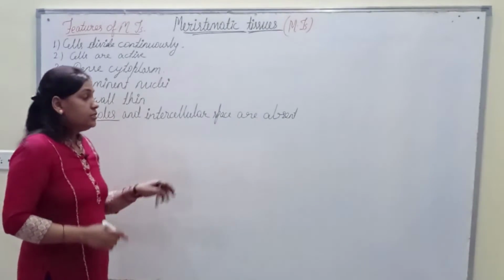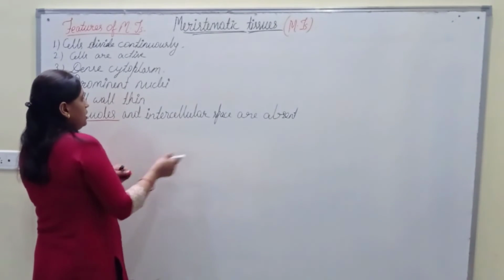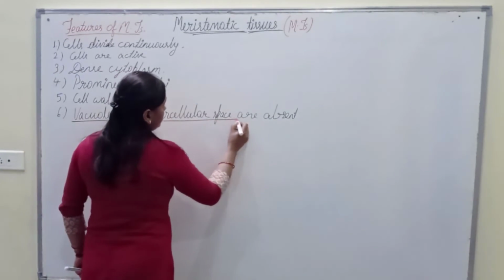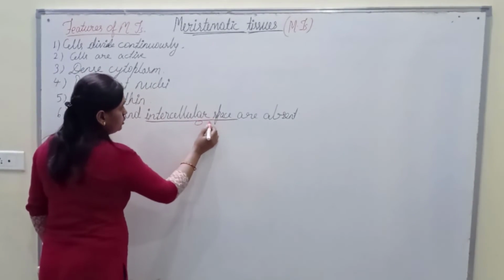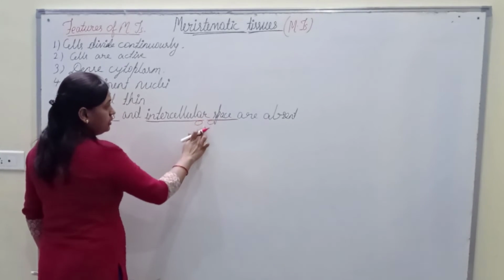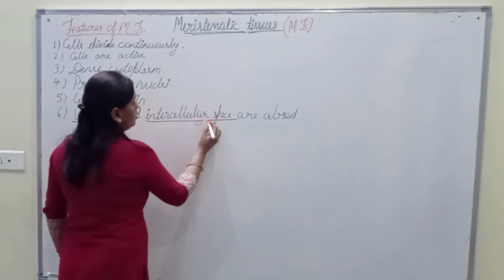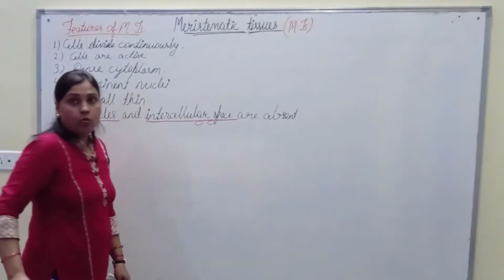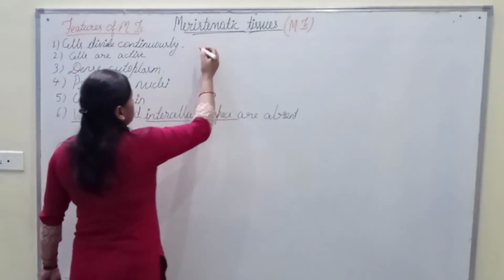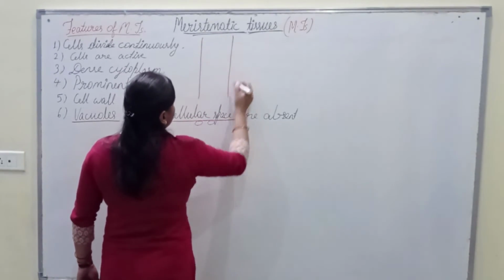And intercellular spaces are the spaces between two cells. This is the intercellular space. So intercellular spaces are also absent in the cells of meristematic tissues.